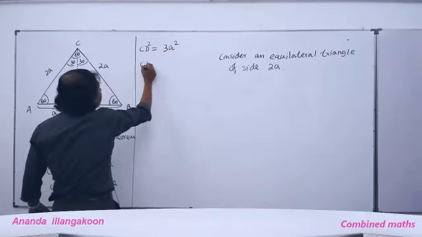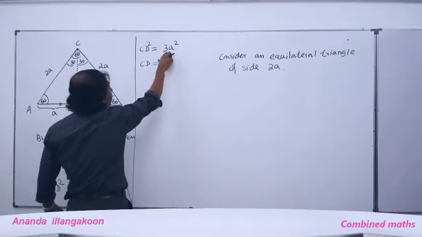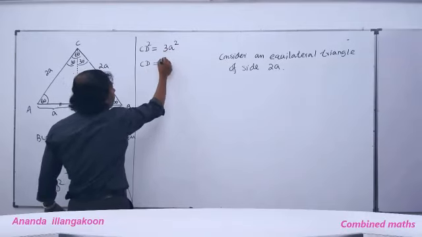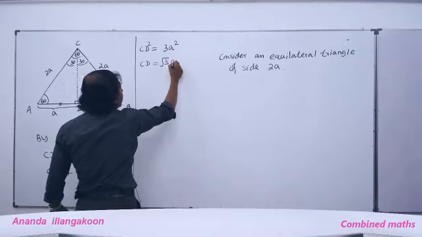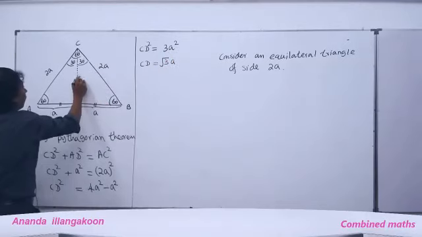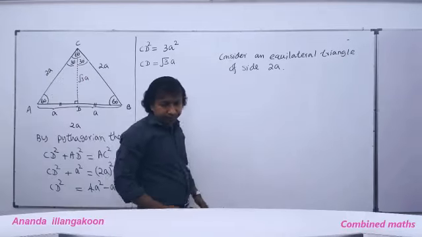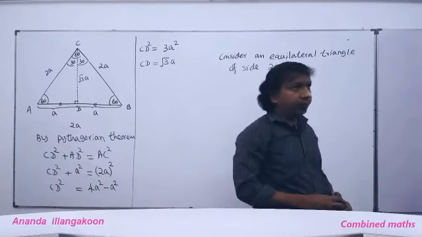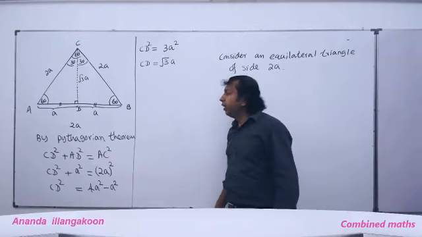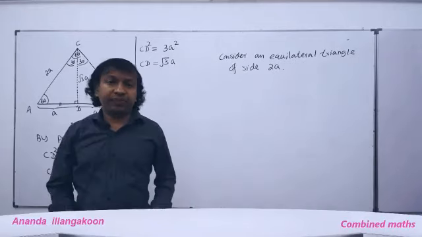Then this is nothing but taking the root on the right hand side. Root of 3A squared, root is A. Therefore, this is, people, root 3A. Root 3A. Root 3A.